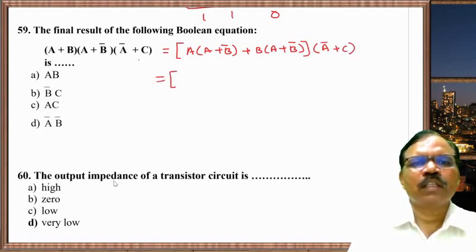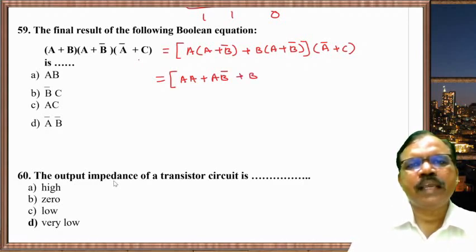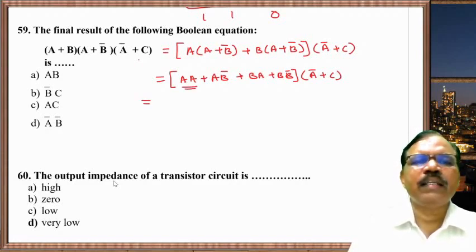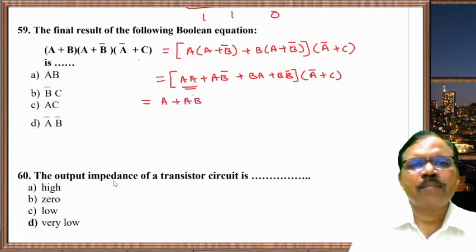If we solve, we get A into A plus AB bar plus BA plus BB bar, multiplied by (A bar plus C). Now according to Boolean algebra, A into A is A, so A plus AB bar plus BA, and BB bar is 0.